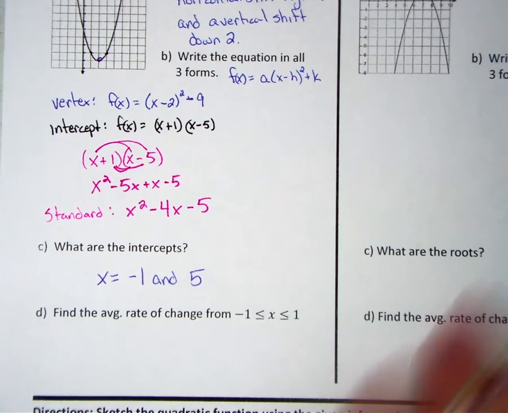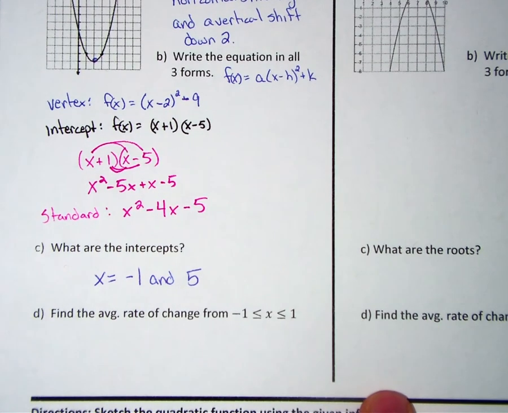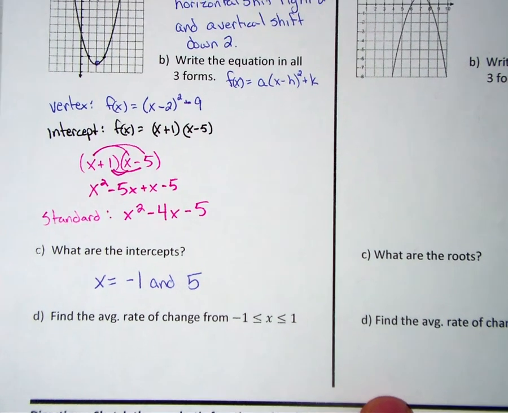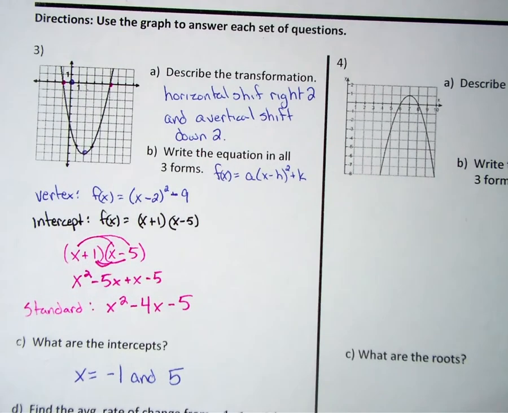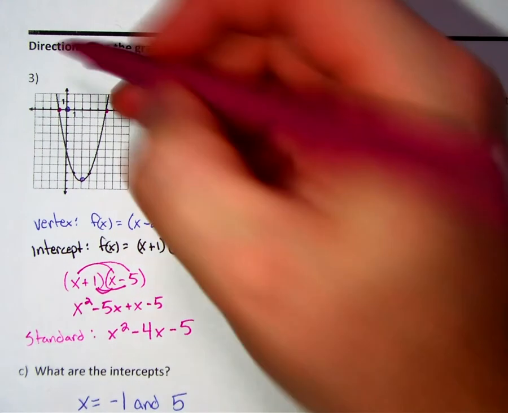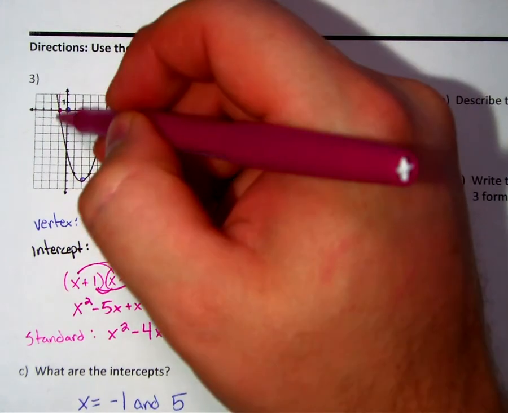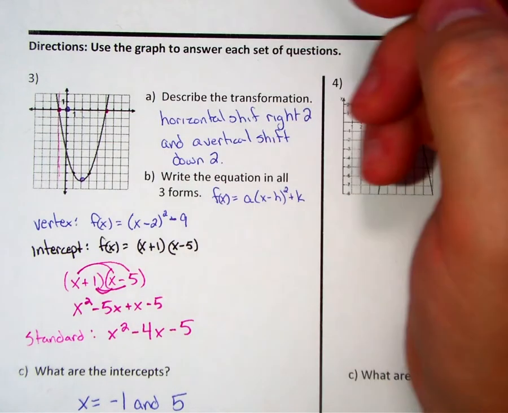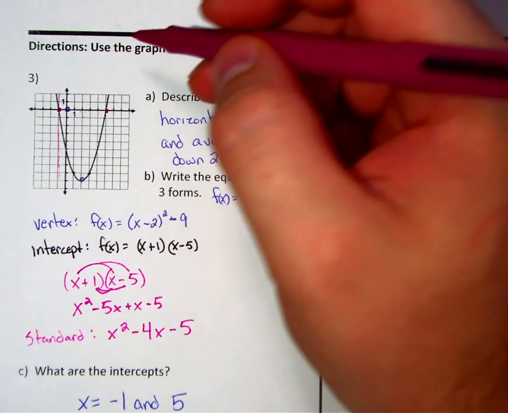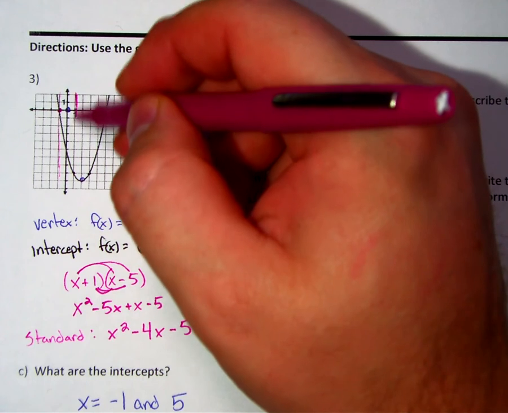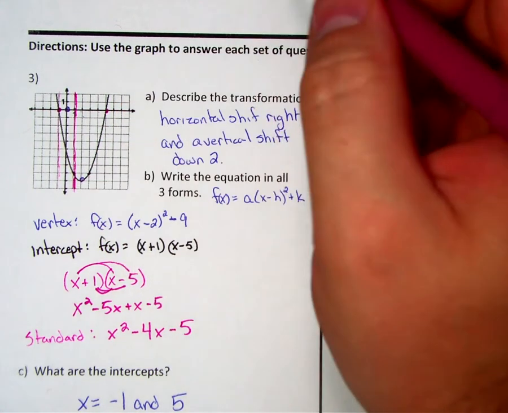Now, find the average rate of change from x is negative 1 to x is 1. Now, this is another advantage where it's nice to have the graph. We want x is negative 1, so wherever my graph intersects that shaded line, to an x of 1, wherever my graph intersects that shaded line.